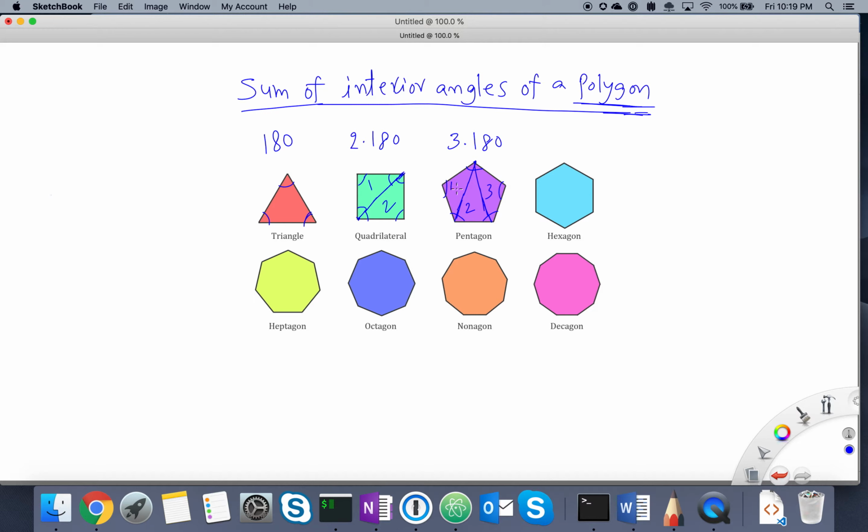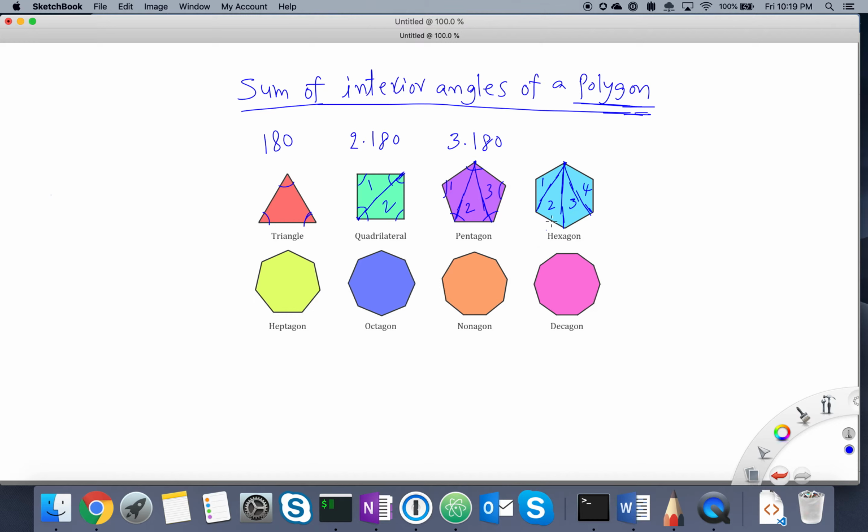Let's see one more time. Let's go to hexagon. I'll take this vertex and then let's see if I can break this into triangles. There you go. 1, 2, 3, and 4.